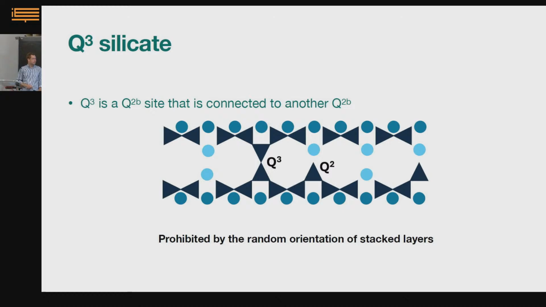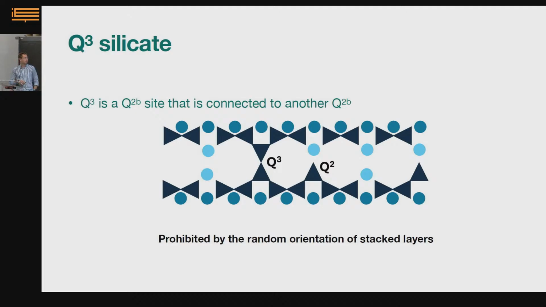Which makes it interesting, because there are different tobermorites, and one special case is where the silicate chains through the interlayer get interlinked. When the interlinking of those Q2 species occurs, the Q2 becomes a Q3, and they're sometimes experimentally seen.